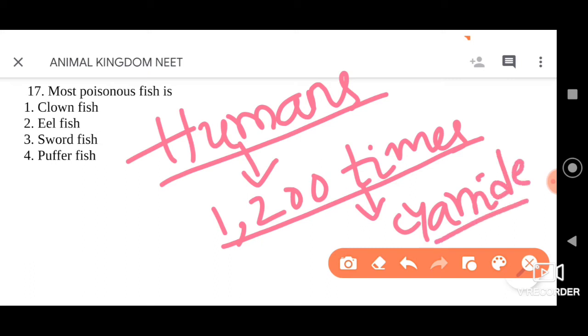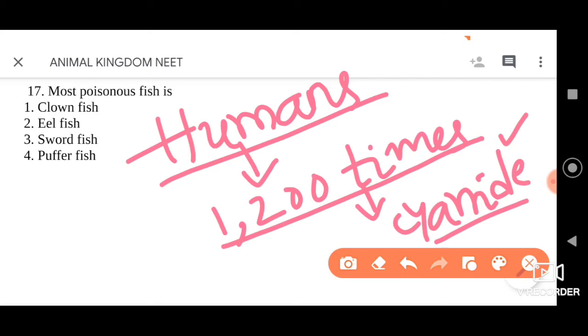Already we know that cyanide is a very poisonous substance. When we compare that with tetrodotoxin, it's nothing in front of it, because tetrodotoxin is 1200 times more poisonous than cyanide. It's unimaginable how poisonous the puffer fish can be by having the tetrodotoxin.